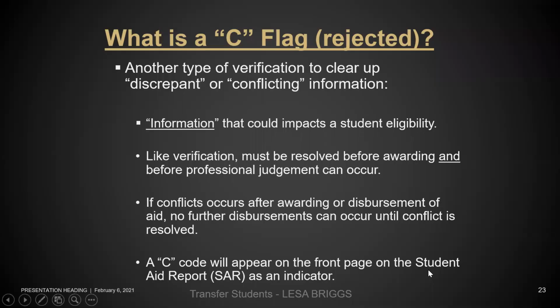So we talked a little bit already about the rejection code or the C code. With any type of conflict or discrepancy on your FAFSA, that discrepancy has to be cleared up before your file can be awarded. You don't have to even be selected for verification to have a C code. You can have a C code without verification.